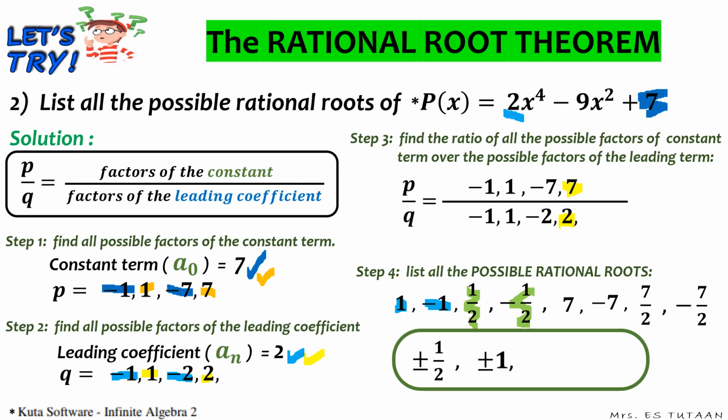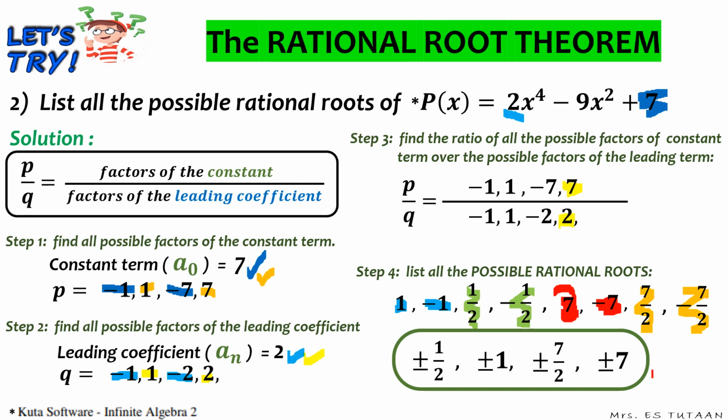So, we will have plus-minus 1. Then, we have positive 7 over 2 and negative 7 over 2. So, that is plus-minus 7 over 2. And last, we have positive 7 and then negative 7. So, that is plus-minus 7.